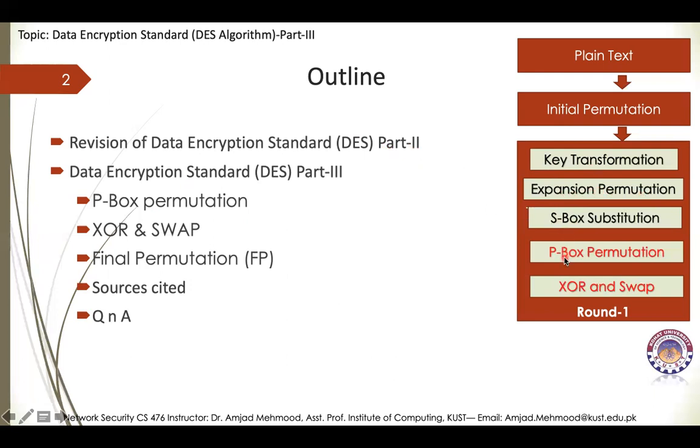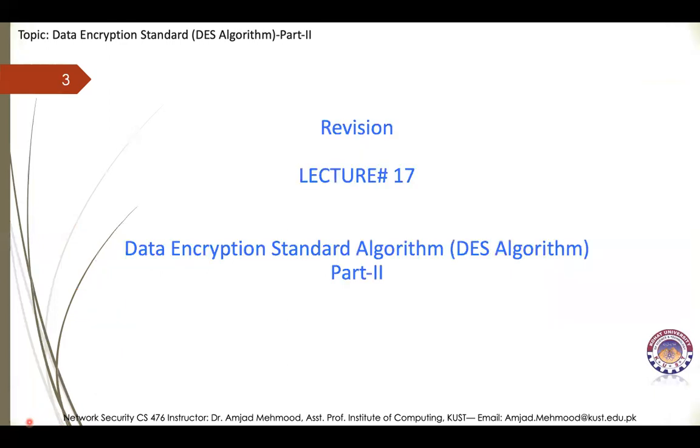And now this is our today's topic, that P box permutation, XOR and swap operation. And then after all the rounds we have final permutation. So I'll be explaining how final permutation is done in DES, and then I'll be showing the sources cited, and then question answers. So let's get started with lecture number 17.